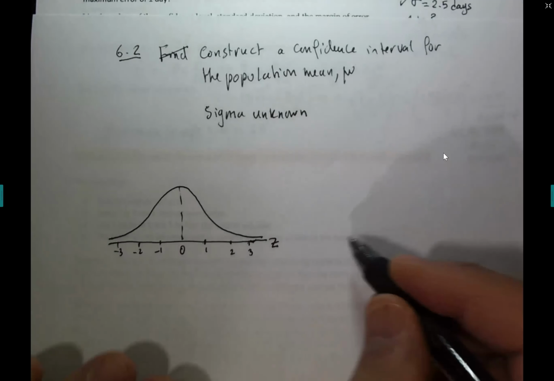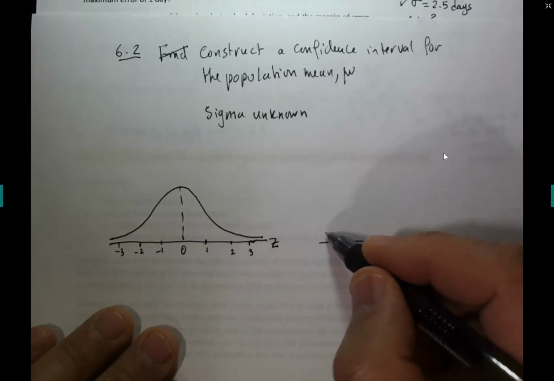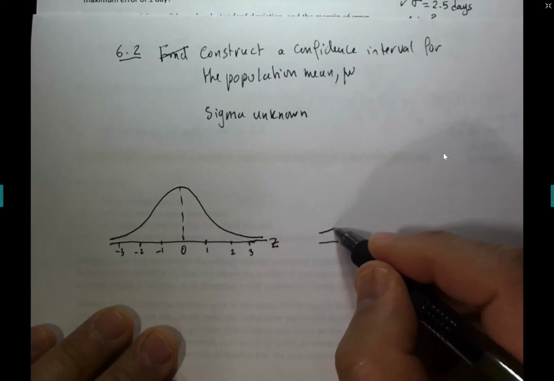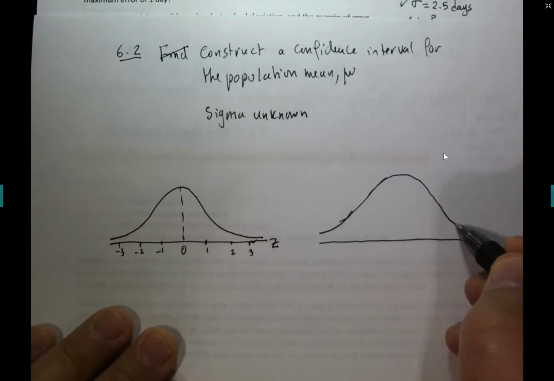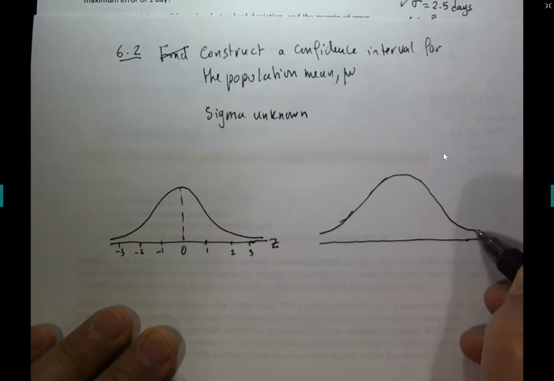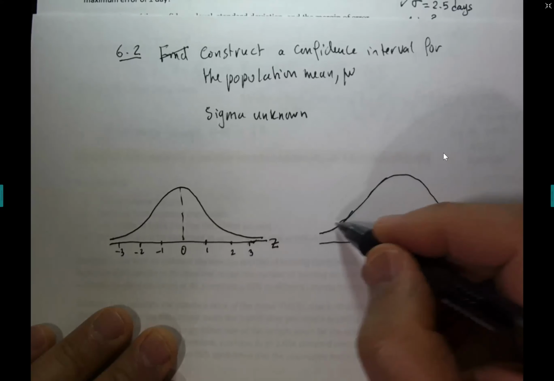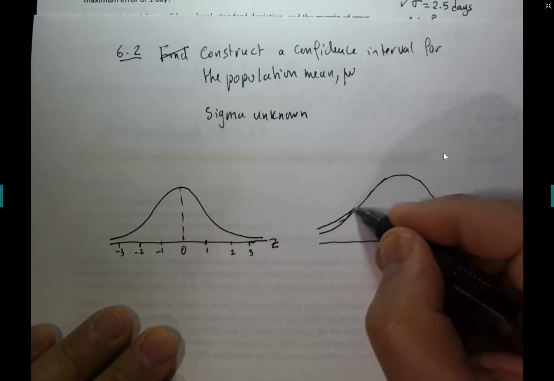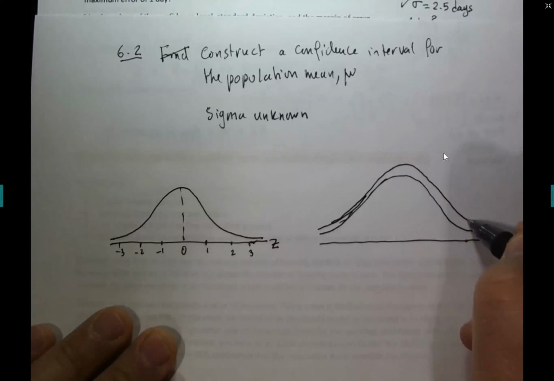But let me show you how the T distribution looks. It's a family of curves, actually. I wonder if a student can tell me, what do you see?